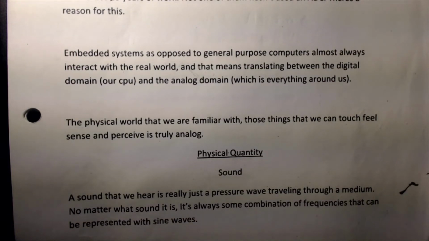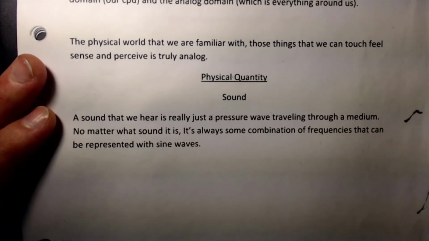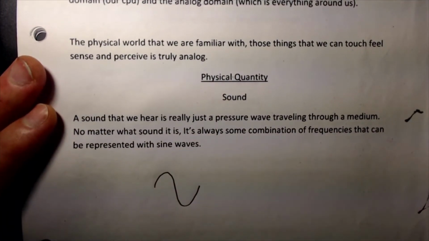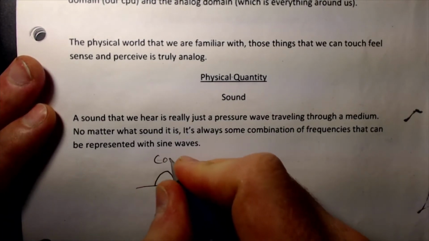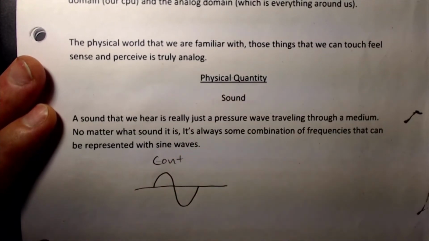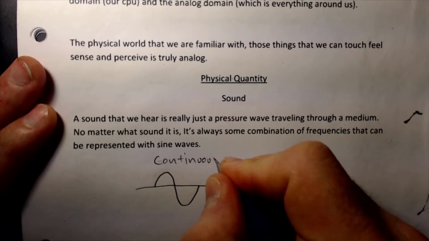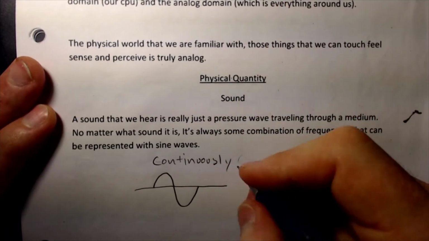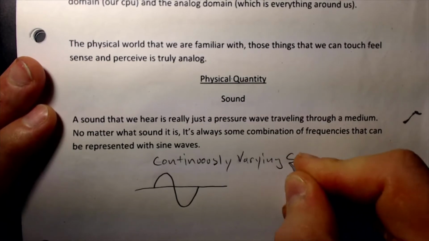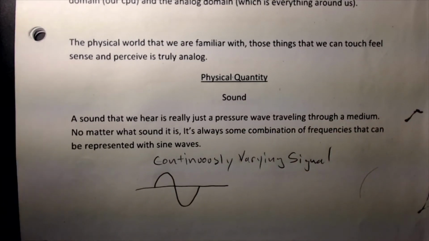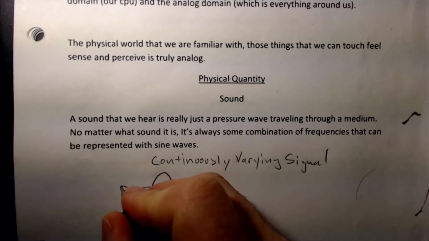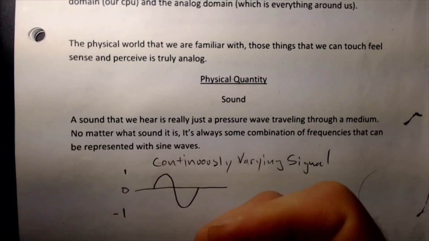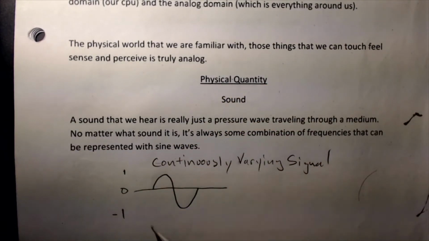And it's always some combination of frequencies that's represented with sine waves, but it's a continuously changing, or continuous, varying signal, meaning it's not discrete, it's not digital, it's not a 0 or a 1, it's everything in between 0 to 1 and 0 to -1, or however you represent it.